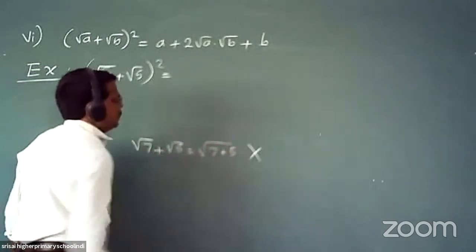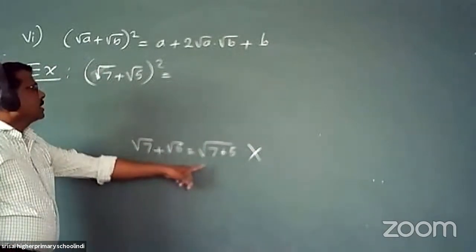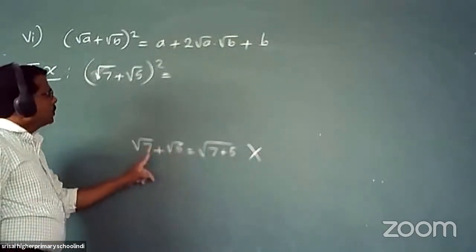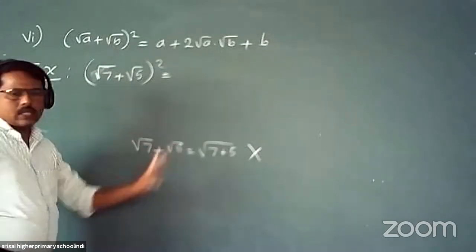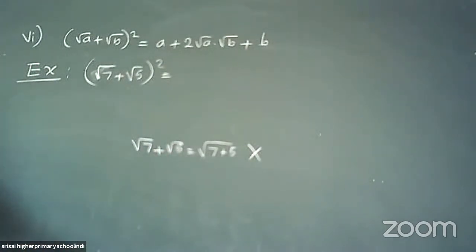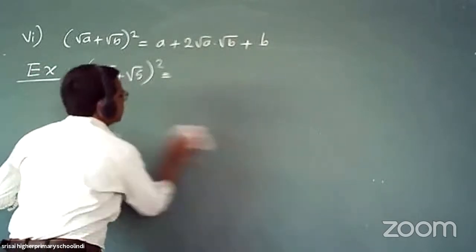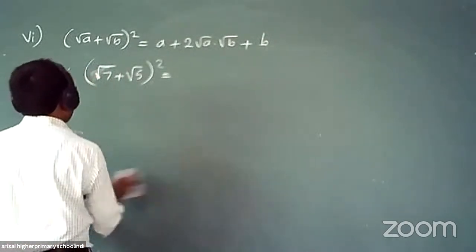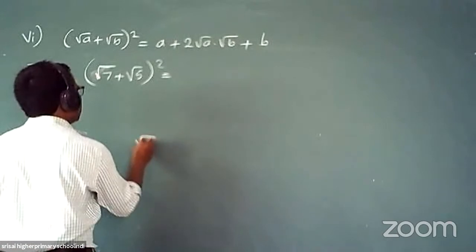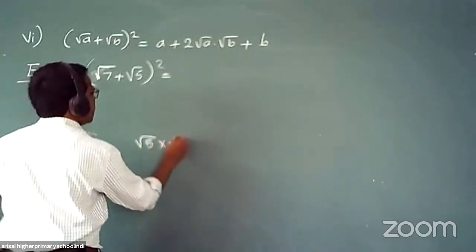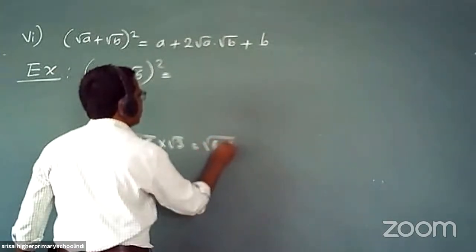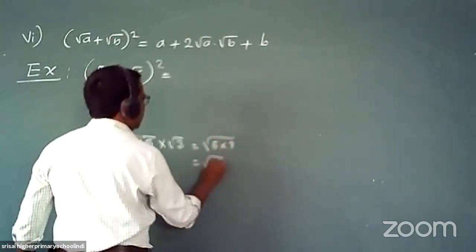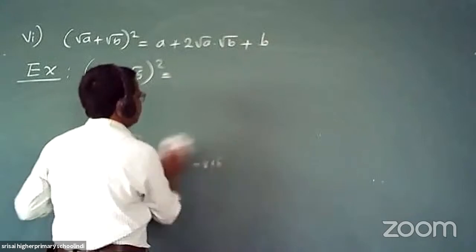Don't write like this. This is wrong. We cannot write this way. Its value is different. We cannot add this way. Sir, when it is multiply symbol, we can write, no, sir? Yes, when it is multiplication symbol, then you can write square root of 5 into square root of 3, this is square root of 15. But in addition, you cannot.